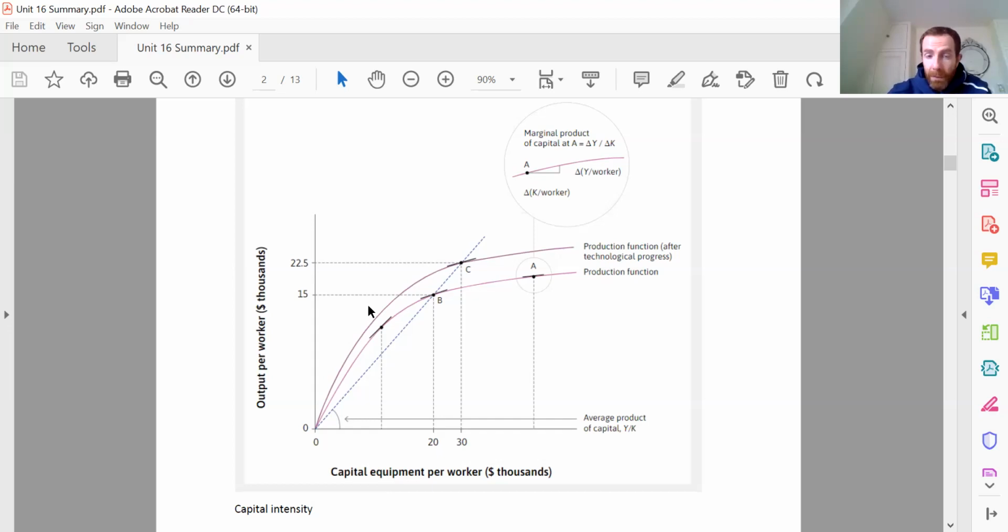And we see that same thing up here. And what does that tell us? It tells us that there are diminishing marginal returns to capital. As we get to higher levels of capital, the extra output we're getting from using it is getting smaller and smaller.